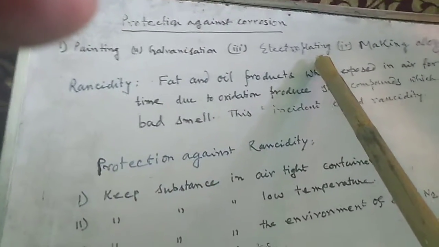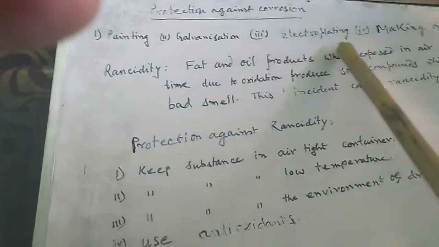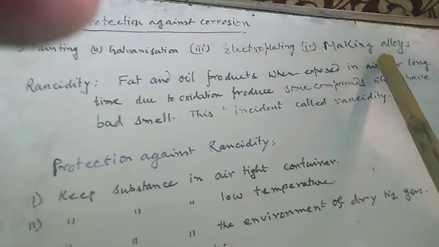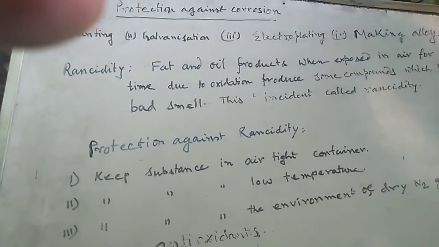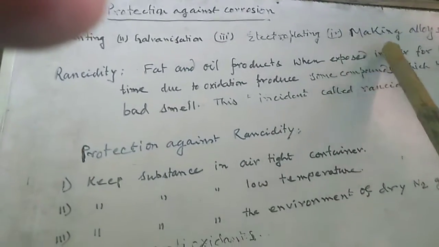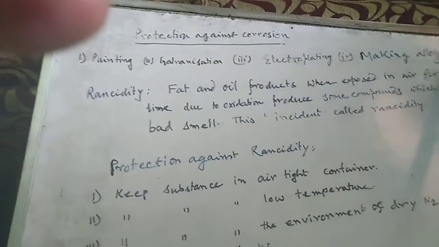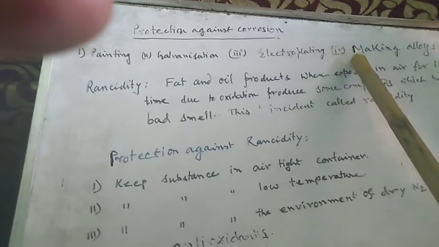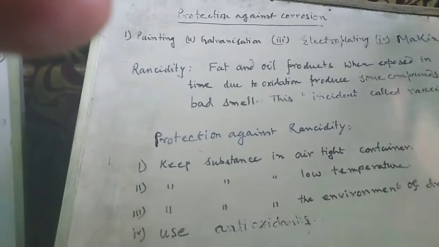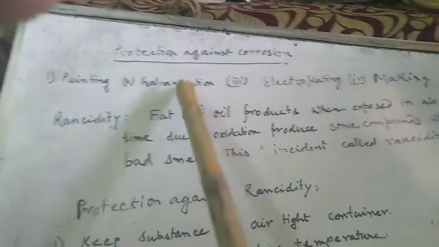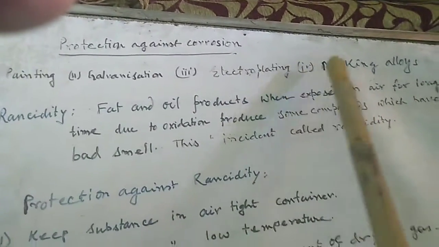Electroplating: many iron articles are given a layer of chromium by electroplating. Making alloys: when iron is made into steel, its corrosion ability decreases. Alloy means a mixture of metals or non-metals, and by alloying the corrosive effect is decreased. So we can protect against corrosion by painting, galvanization, electroplating and making alloys.